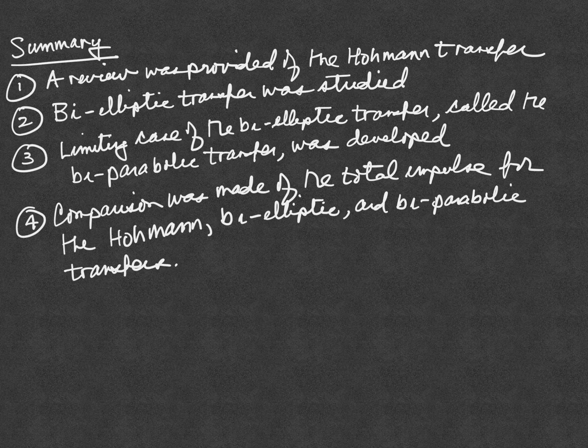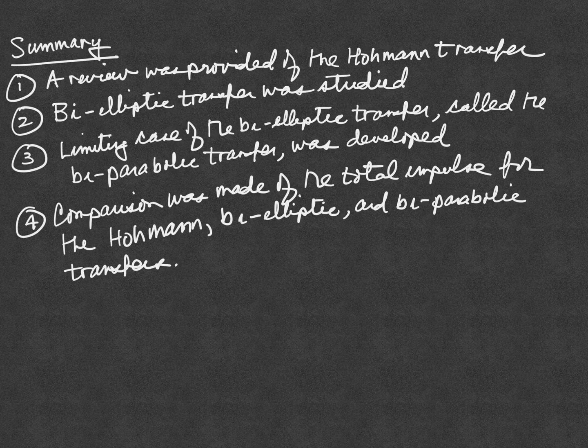And these transfers will be used as the basis for doing in-plane maneuvers, but as we'll actually see, modifications of these transfers, and in particular modifications of the Hohmann transfer, become useful when doing out-of-plane maneuvers and even when doing interplanetary orbit transfer, because we use Hohmann transfers as the basis for being able to move between planets.